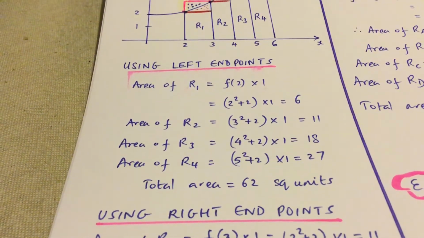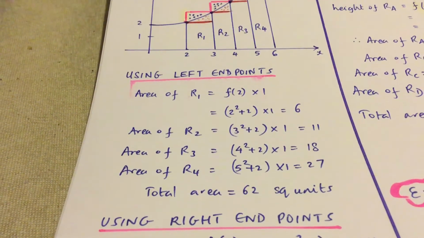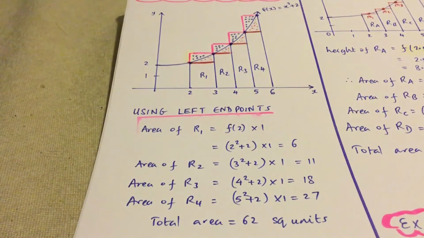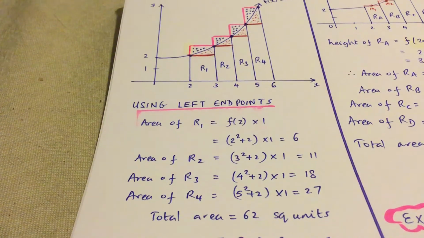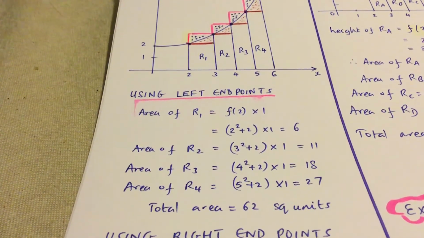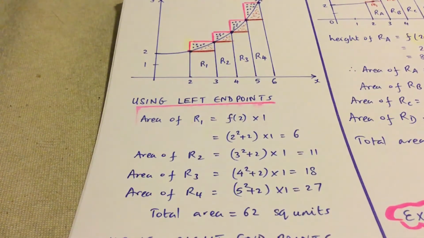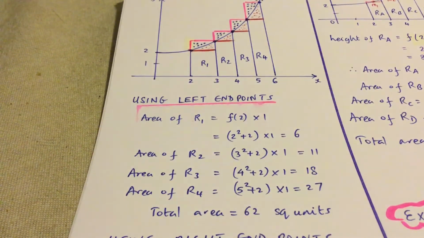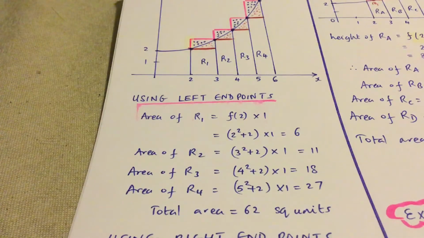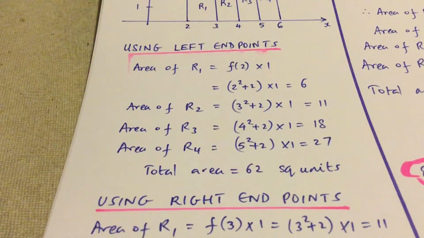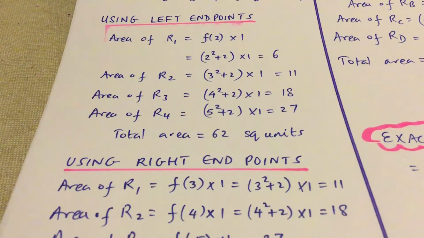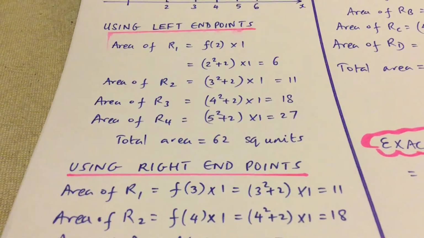So to find the height of rectangle 1 using the right endpoint, we substitute 3 in f(x), so that will basically give us rectangle 1 using the pink ink. It's like the bigger rectangle lying above the curve. So when we find f(3), we'll get 11 times 1 again, because the width of each of the rectangles is 1.